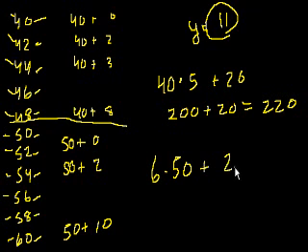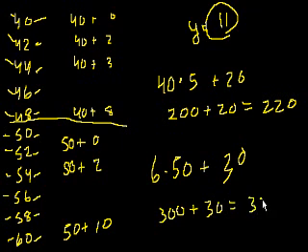Oh, no, plus 10. Sorry, plus 10. Don't want to get careless. Because there's 6 of these, and it's plus 0, plus 2, plus 4, plus 6, plus 8, plus 10. So it's 20 plus 10, so it's 30, right? 2 plus 4 plus 6 plus 8 plus 10 is 30. So 6 times 50 is 300, plus 30 is equal to 330.